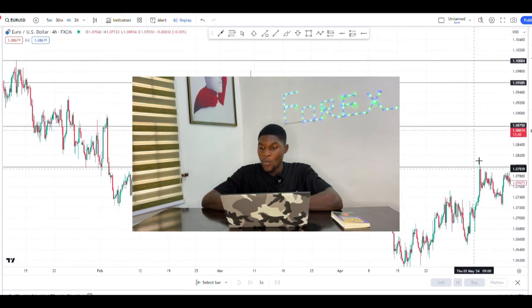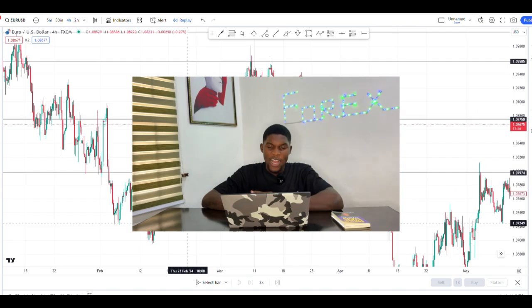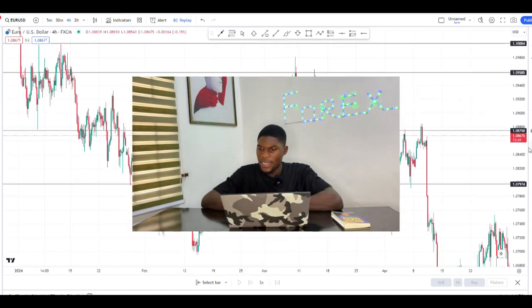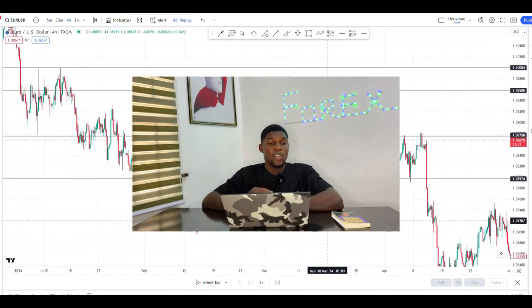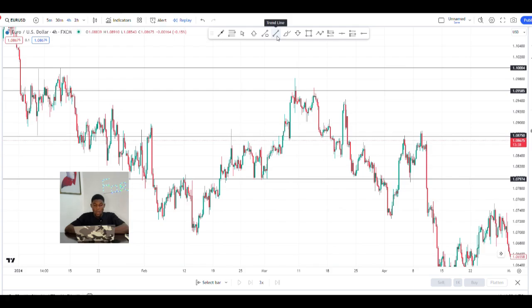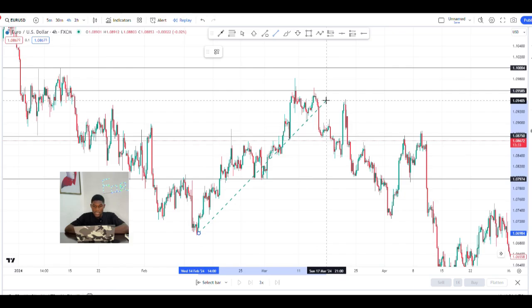All these things are very, very easy to spot, but the problem is a lot of traders don't spot them. So let us imagine that we were on this market. We can see an uptrend in the market here.